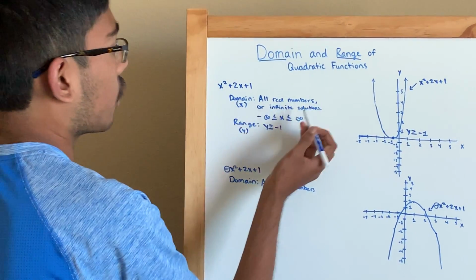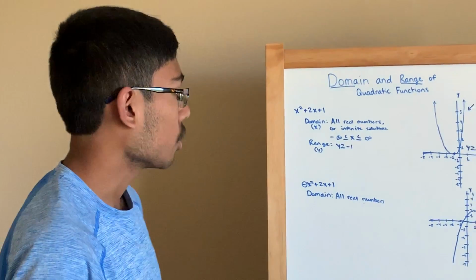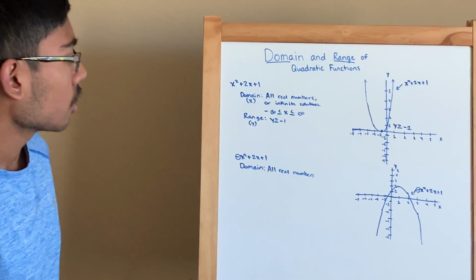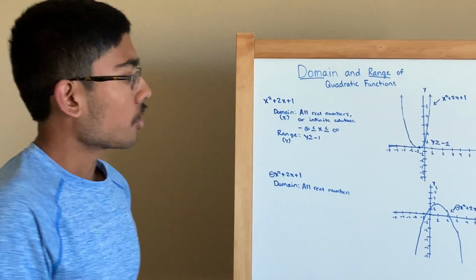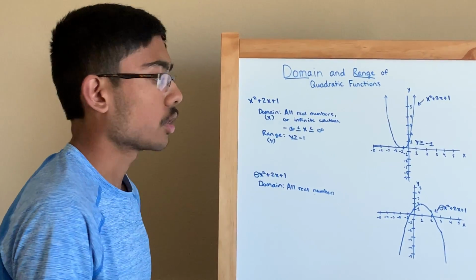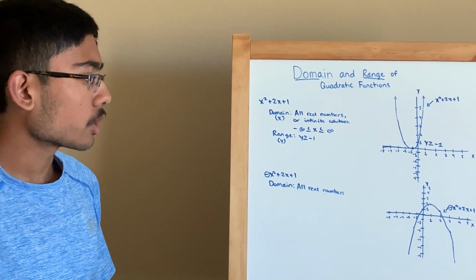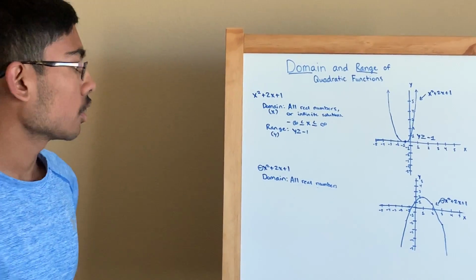It could also be infinite solutions or negative infinity is less than or equal to x is less than or equal to positive infinity. But domain isn't always going to be all real numbers. For example, like a real life situation, it wouldn't be all real numbers. It depends on what the problem is asking and what's happening to the quadratic function.